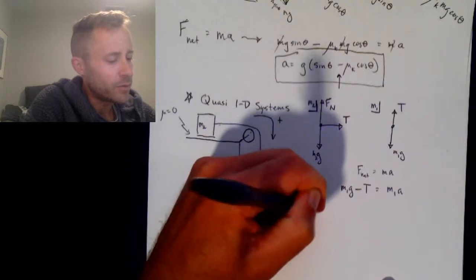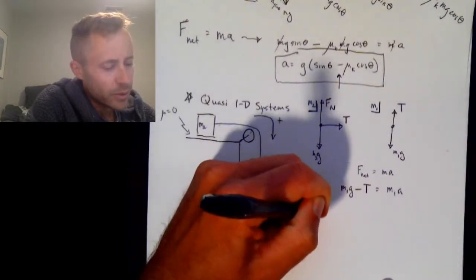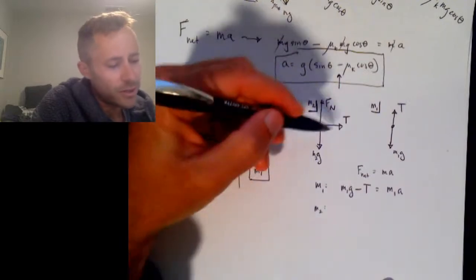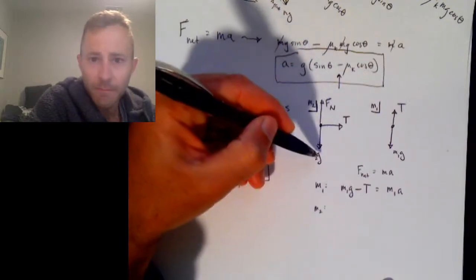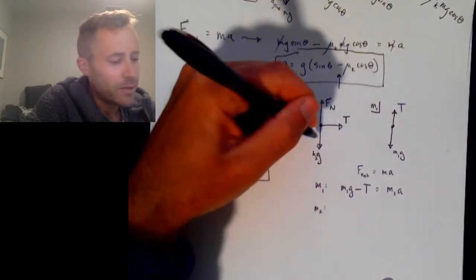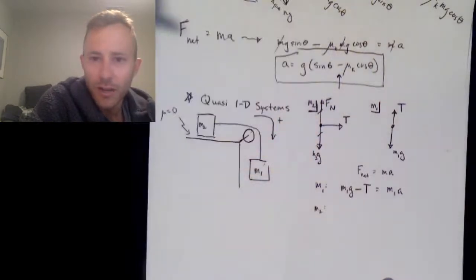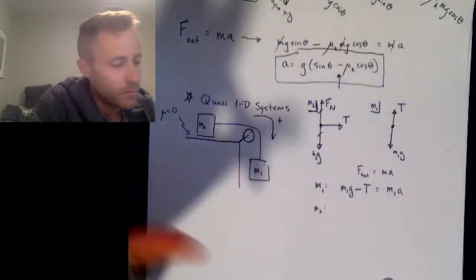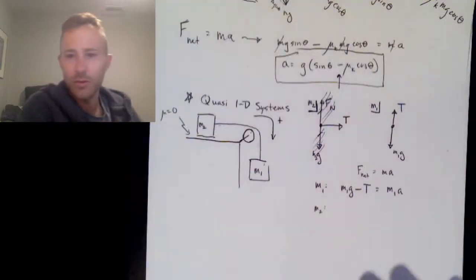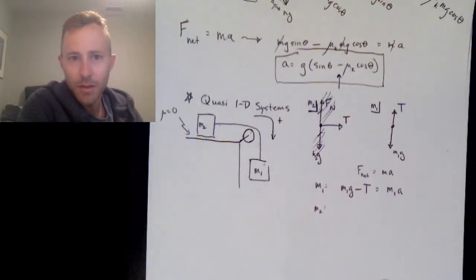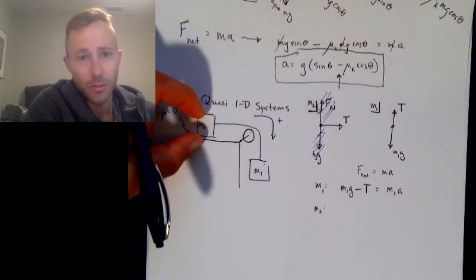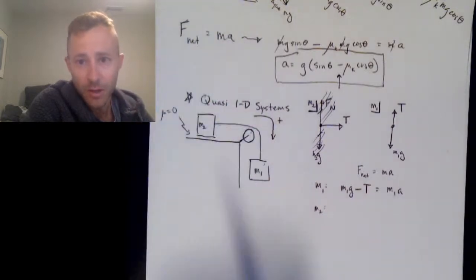Now for m2, it's a little bit trickier because we have these extra forces, but these extra forces, normal force and weight, because the block isn't moving up and down, have to be equal in size and they cancel each other out. So we can just ignore these two forces, because they cancel so that the block only moves sideways.